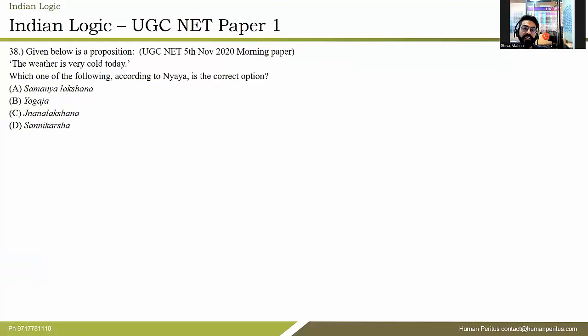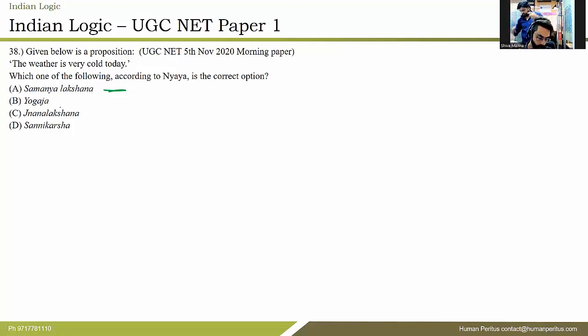All right. Next question. The weather is very cold today. What type of Nyaya is this? Now, let us just break down these words first. Samanya Lakshana is perception of an entire class based upon some generic properties. What you are actually doing, you are taking all the things into consideration about something and putting them on a basic pedestal and putting those properties out.